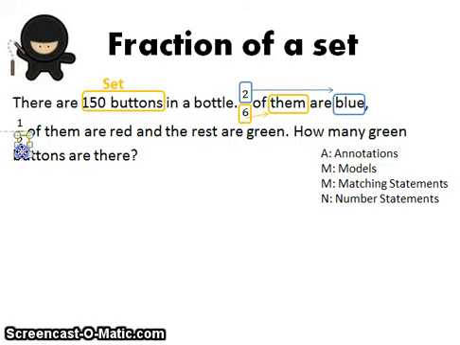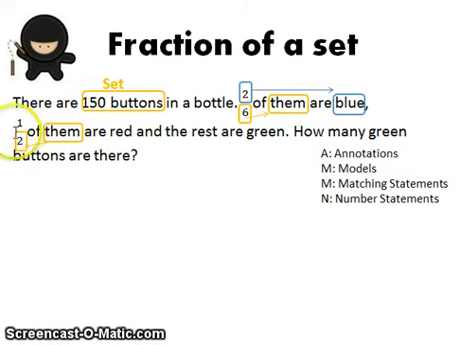So the denominator, 2 units, refers to the set.